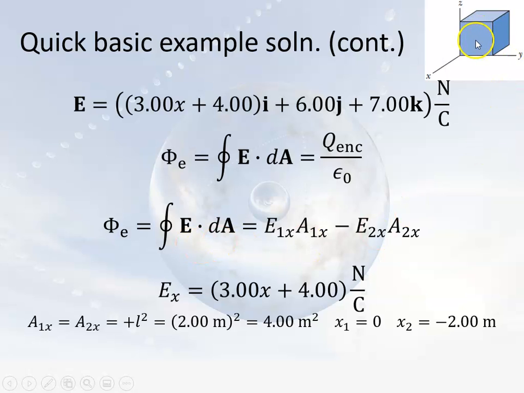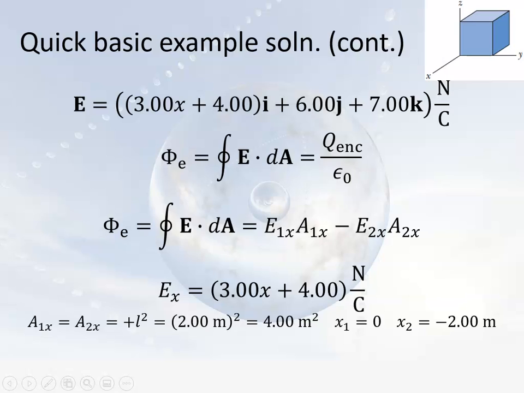At the front end, the area vector is equal to 4 meters squared times i, the unit vector in the positive x direction. At the back end, the area vector is 4 meters squared times -i, because the unit normal vector from the back surface points in the negative x direction. That's where we got this minus sign right here.